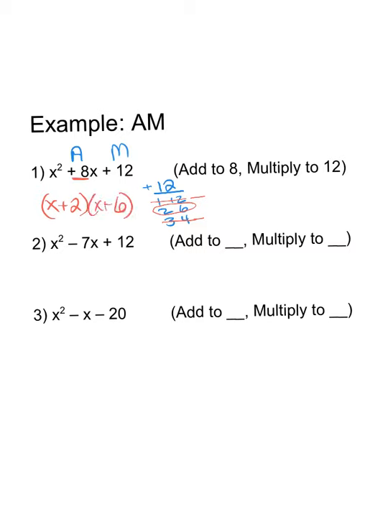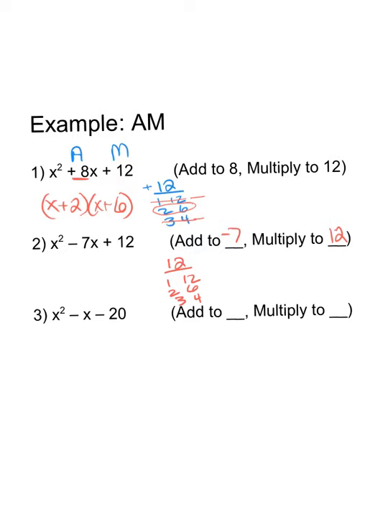If I look at the second example, I'm looking for numbers that add to negative 7 and multiply to 12. So since 12 is my multiply, I'm going to write it off to the side, positive 12. Again, my factors are 1 and 12, 2 and 6, 3 and 4.